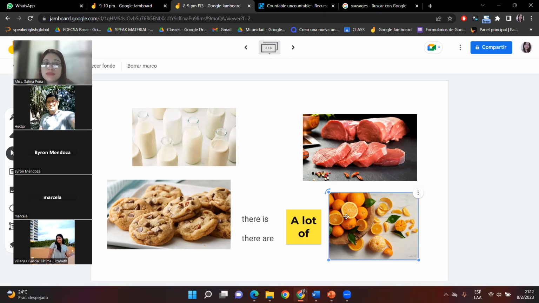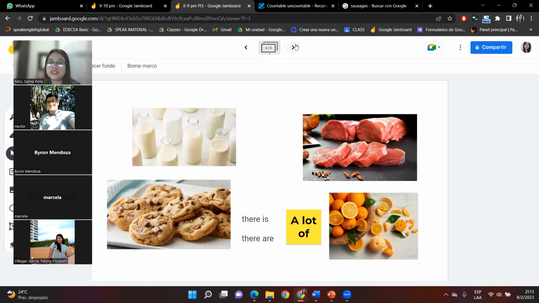So what does it mean? A lot of can be used with both countable and uncountable. It doesn't matter if you want to talk about several countable or uncountable nouns. Just be careful with the verb to be.